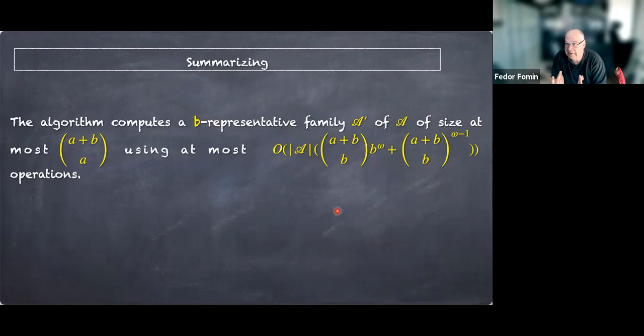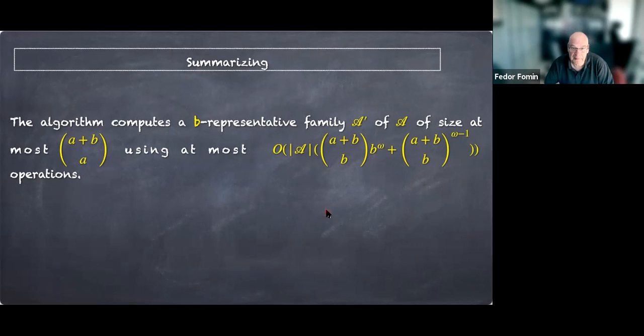And this algorithm is polynomial exactly for a very interesting case when A is very large and B is very small. Because the previous algorithms, which run in time 2 to the power A plus B, were not polynomial for that special case.